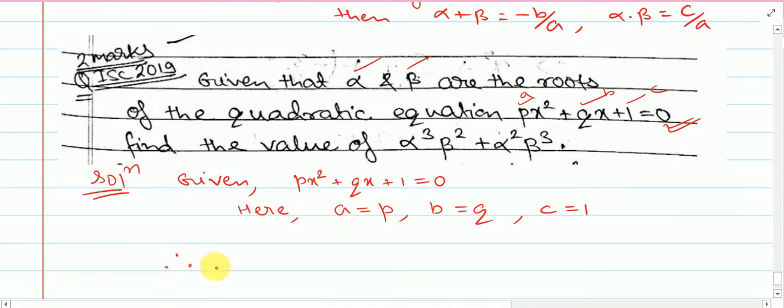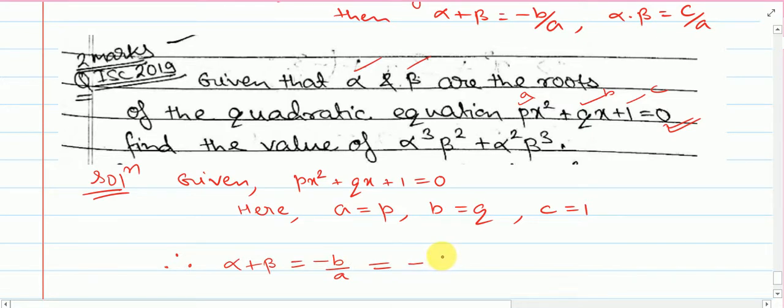Therefore, the sum of the roots, that means alpha plus beta, because they have said that alpha and beta are the roots of this, will be -b/a.